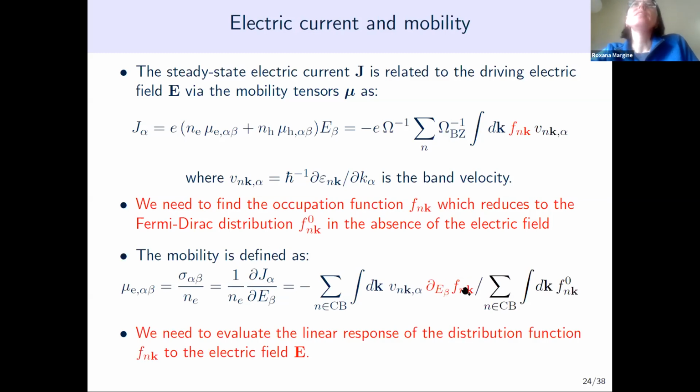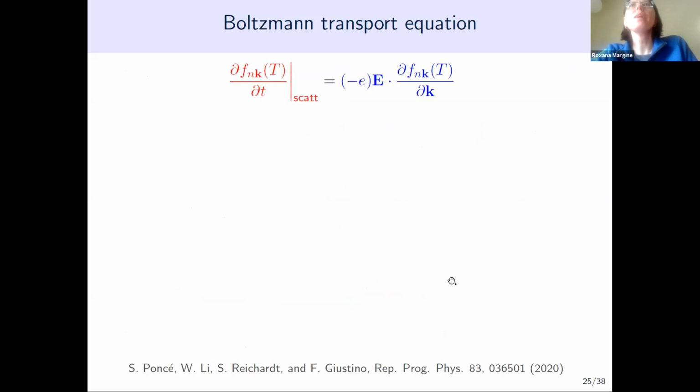And this is the linear response of the distribution function to the electric field E. This quantity can be calculated starting from the Boltzmann transport equation. I'm not going to go into all the details here, so I would recommend that you look at this nice review that Samuel has just published.